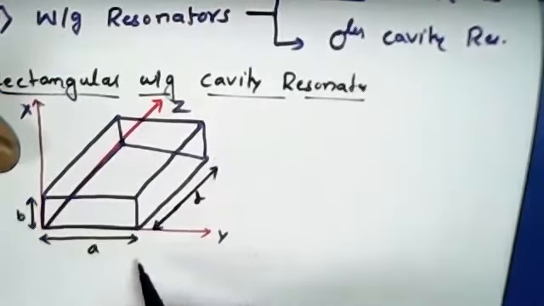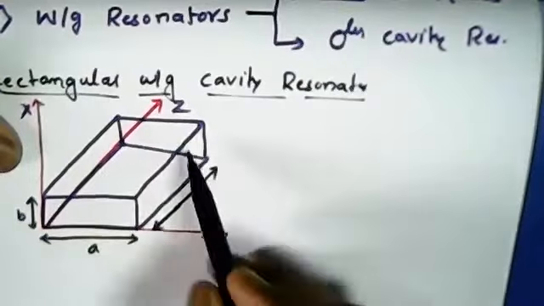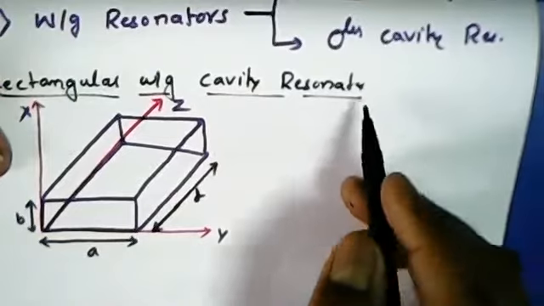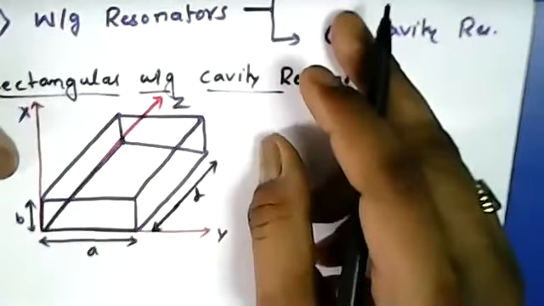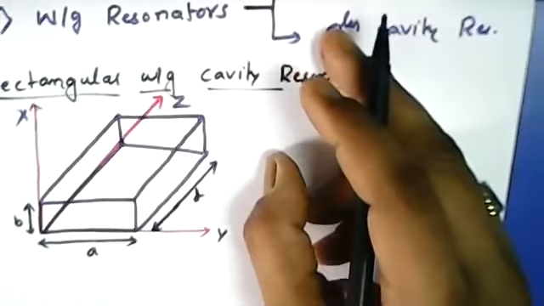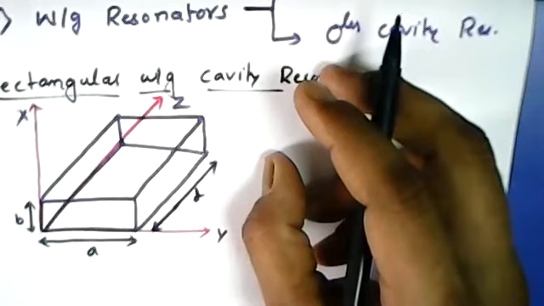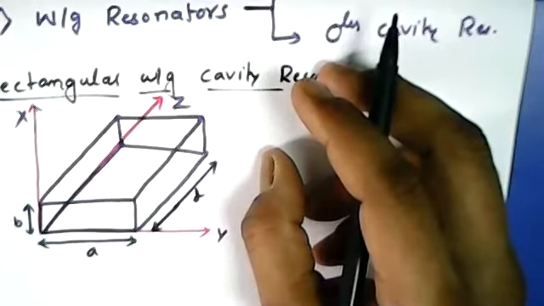So this is how we can analyze the rectangular waveguide cavity resonator when it is placed in a coordinate system. With this coordinate system, I want to explain the resonance conditions of the resonator. Then I will give the modes of propagation that take place.